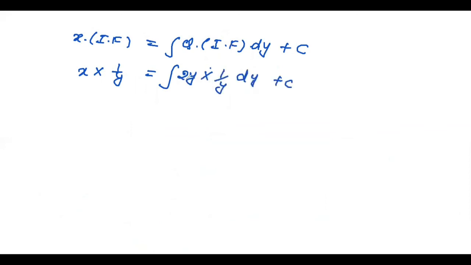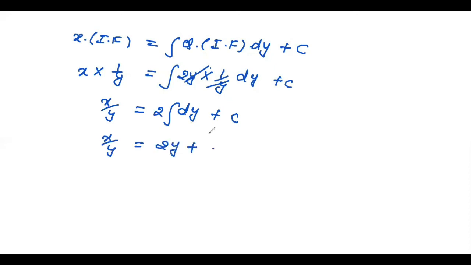Now we'll calculate it. So finally x by y equals to 2 integration of dy plus c. So x by y equals to 2y plus c. And then x equals to 2y square plus cy. So this is the required solution of the given linear differential equation.